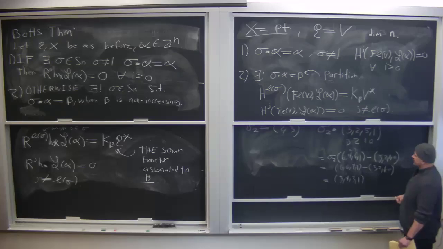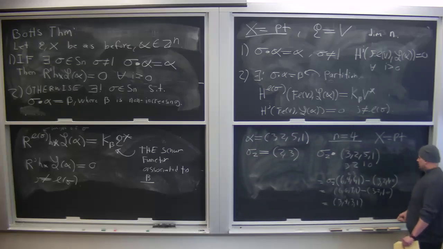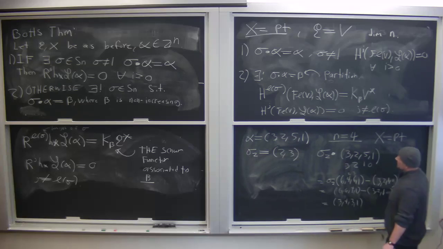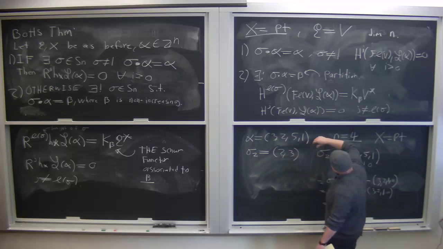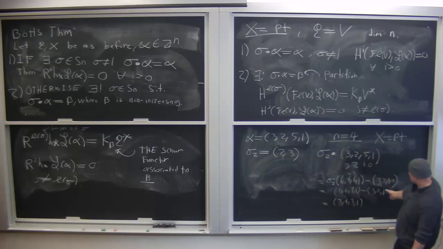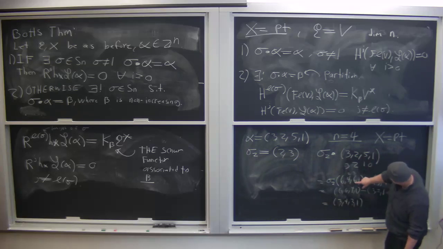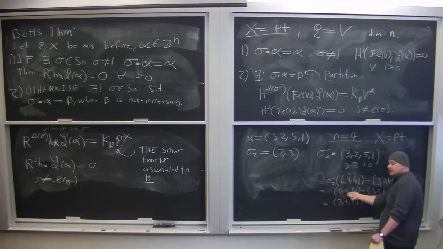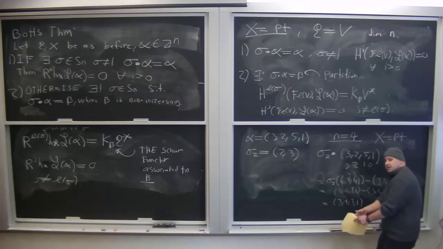So I just did this, and this doesn't really tell me anything, but the idea is I imagine I add this to this and start trying to move these over and put them in increasing position.